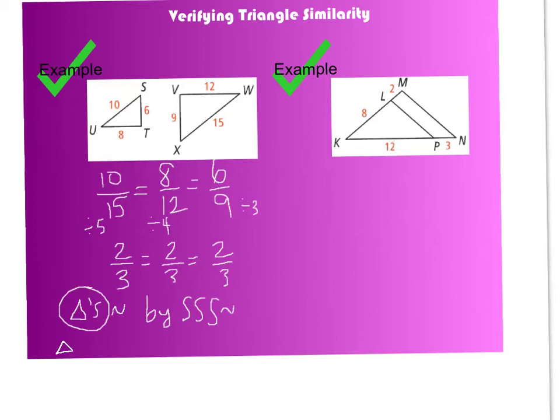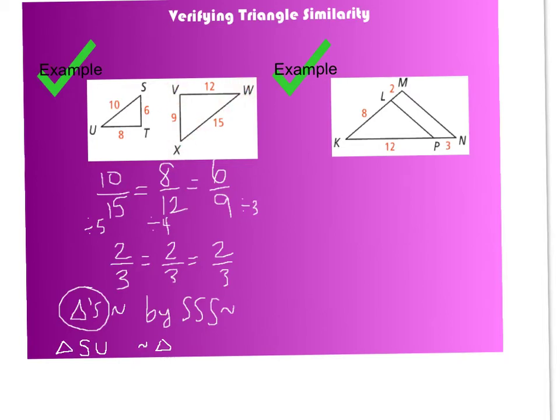I'm going to start with S and U for my first triangle because that's the length of my hypotenuse. And in my second triangle, I'm going to start with X and W, but I need to make sure I use the right piece. So I started with S here, which is in between my longest side and my shortest side. So here on XW, I want to start with X because that's in between my longest side and my shortest side.